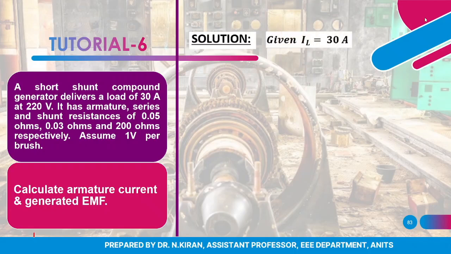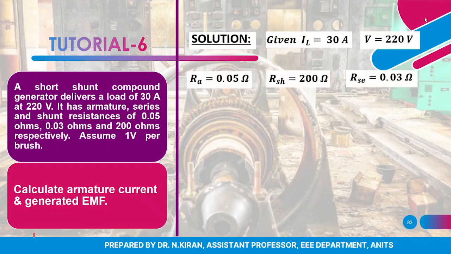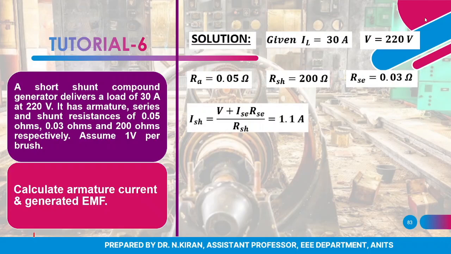So, given data: load current is 30 amps, terminal voltage 220 volts, RA, RSC, RSH are 0.05, 0.03 and 200 ohms respectively. Here we need to find the IA value. First we need to find ISH, since it is short shunt.